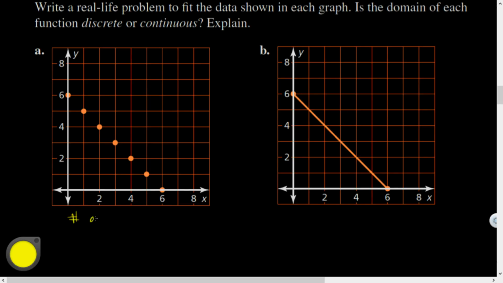Let's see, number of math problems done. Or maybe math problems left, I guess, over time. Something with swimming. Okay, like distance over time. Maybe distance to edge of pool.